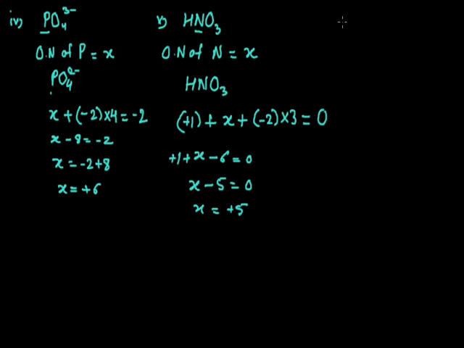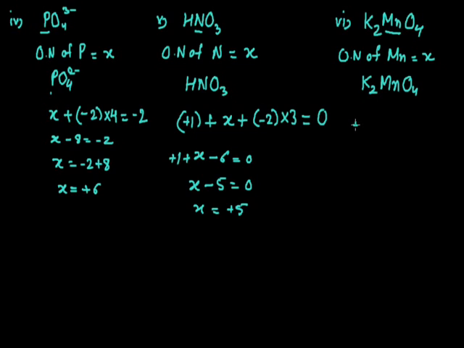Now we can take another example, that is potassium manganate, K2MnO4, and we have to find out the oxidation number of manganese in potassium manganate. Suppose the oxidation number of manganese is equal to X. Now according to the formula K2MnO4, the oxidation number of an alkali metal is equal to +1, because potassium is an alkali metal, so we put +1 in place of potassium, and here 2 atoms of potassium are present, so we multiply it by 2, plus, according to our previous consideration, the oxidation number of manganese is equal to X, plus the oxidation number of oxygen, which is -2.